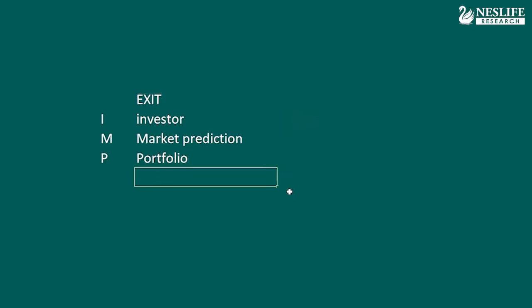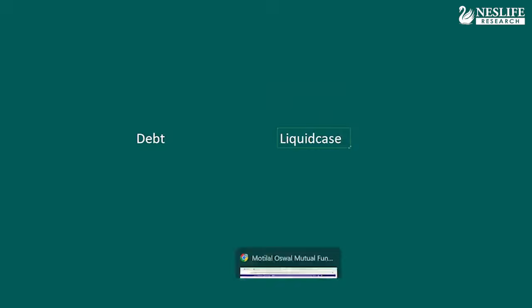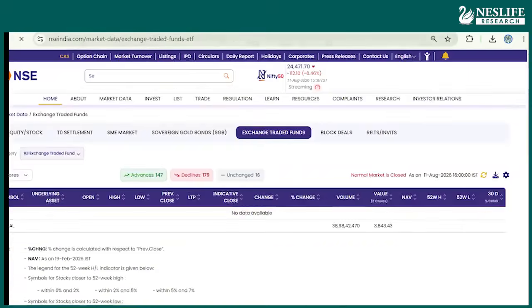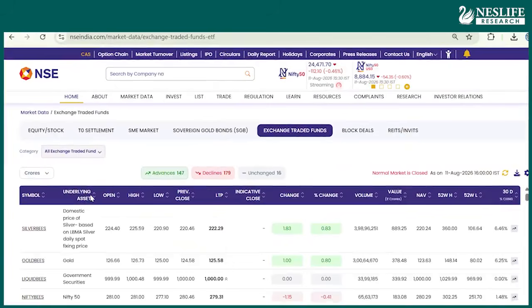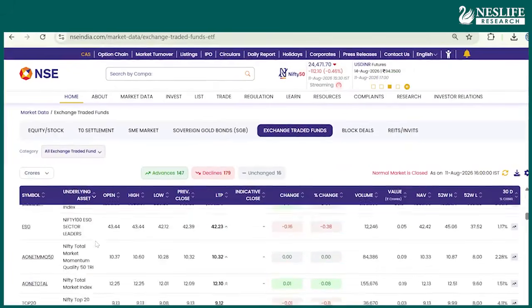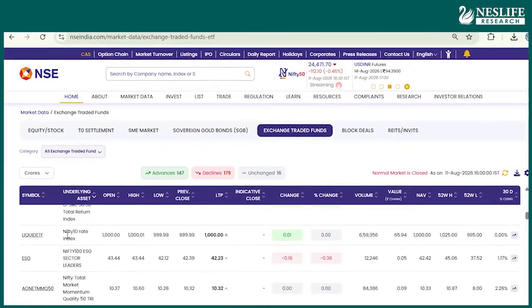For debt fund ETFs, there are very limited options, and the purpose is to park funds for a shorter period. So debt funds, liquid funds, liquid case, and I showed 2-3 examples. You can check the underlying asset and you will see that debt category. Let's say this one, a liquid ETF.